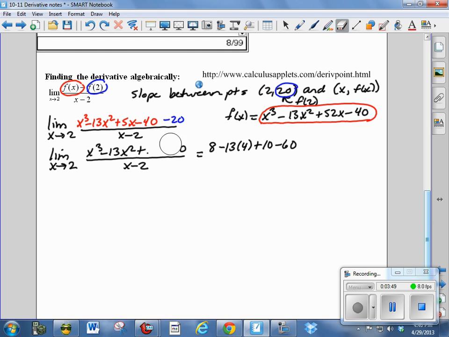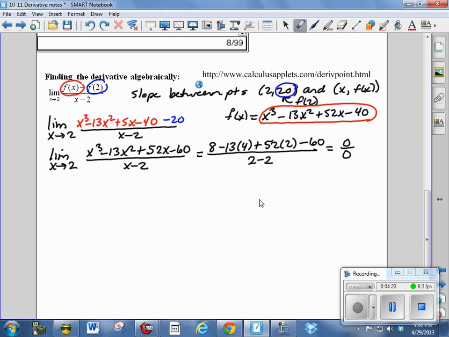I knew that looked wrong. Many of you are probably screaming by now. Okay, if I substitute 2 into the function, I end up with 8 minus 13 times 4 plus 52 times 2 minus 60, all over 2 minus 2. If you compute the numerator, you have 8 minus 52 plus 104 minus 60. It turns out to be 0. So you end up with 0 over 0, which is what we expected because we had 0 over 0 already figured out from up here.